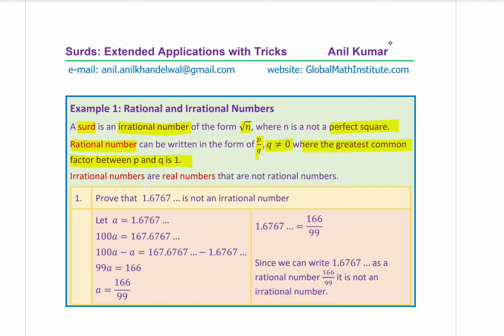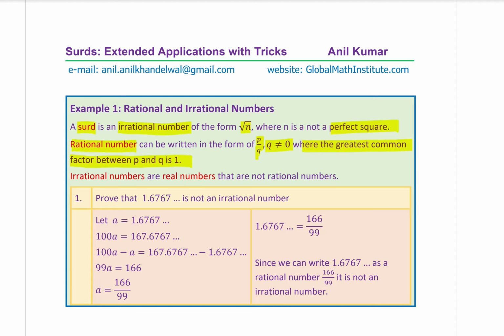Now, irrational numbers are real numbers that are not rational numbers. So when we say that a particular number is not an irrational number, we really mean that it is a rational number. If it is a rational number, we have to write this in the form of p over q, right?